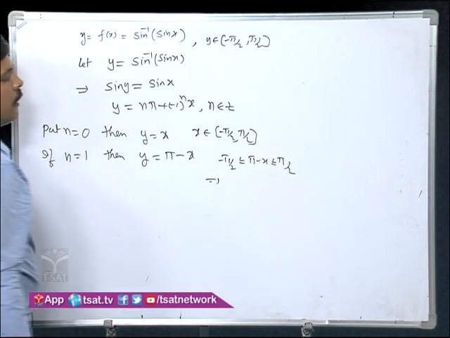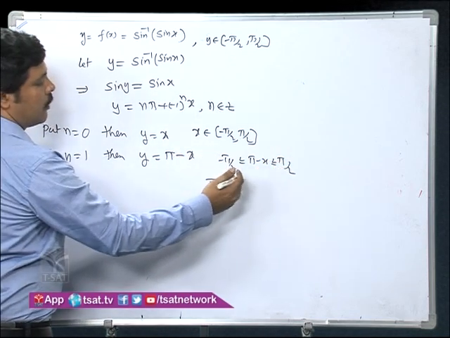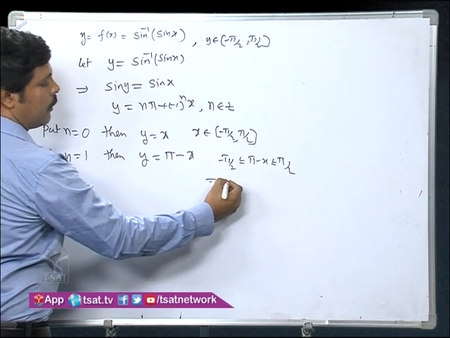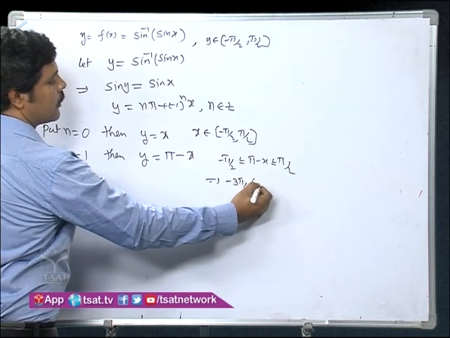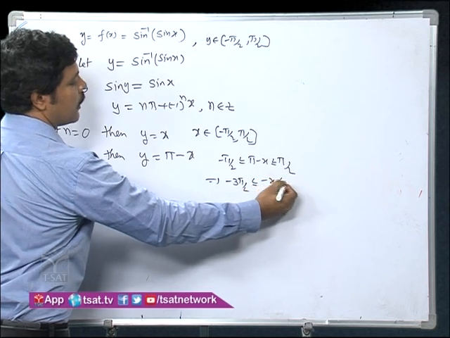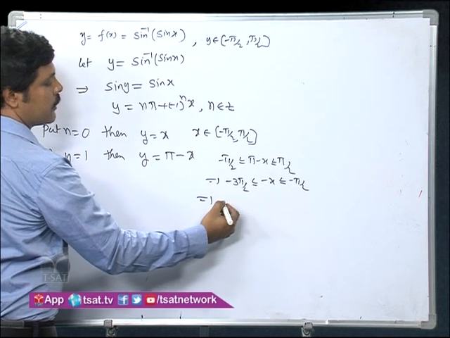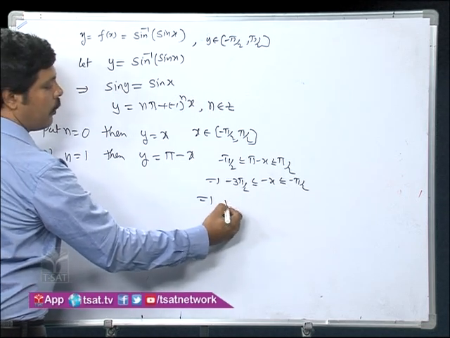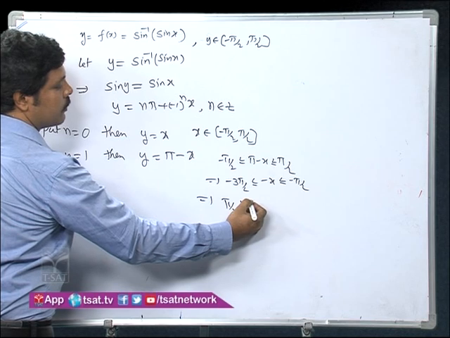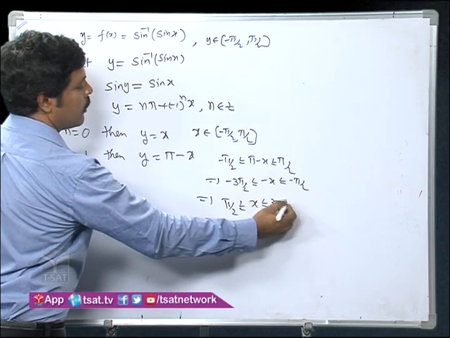Then we can subtract pi: minus 3 pi by 2 less than or equal to minus x less than or equal to minus pi by 2. Multiplying both sides by minus 1 and reversing the inequality, pi by 2 less than or equal to x less than or equal to 3 pi by 2.